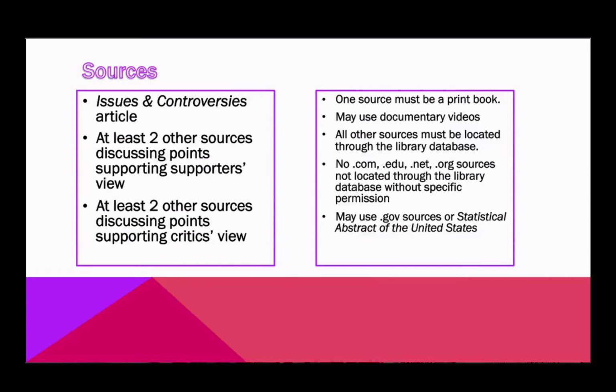Similarly, if you want to know how many students are currently in college in the United States, or what the average tuition is broken down by state, StatsAbs is a good place to get that information. All it provides is statistics. It doesn't explain any of the statistics, but it is a good, reliable source to use.